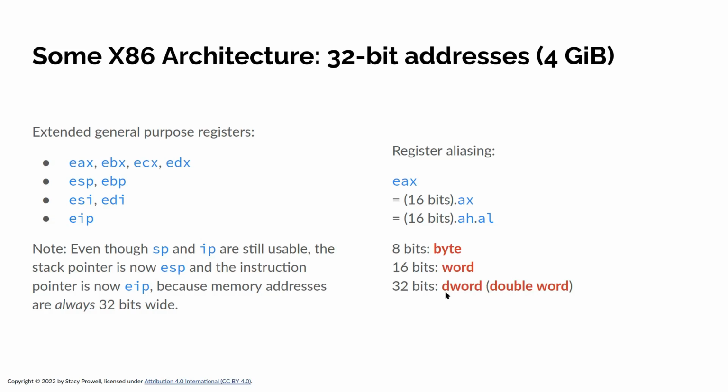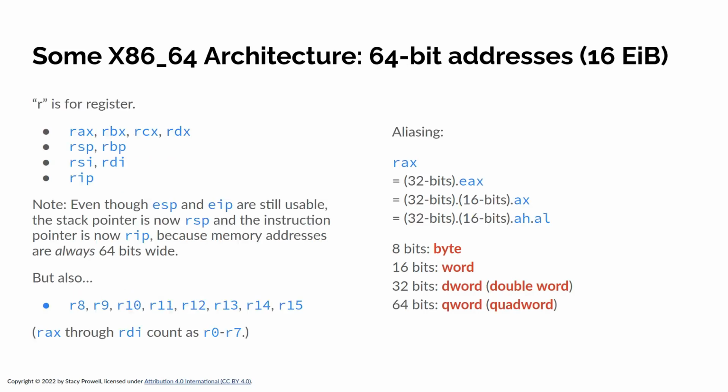So time passed and everybody was happy and no one complained about anything. But then people like Apple really wanted 64 bits, and along came a couple different 64-bit architectures. And the one that sort of won out was the ARM version.